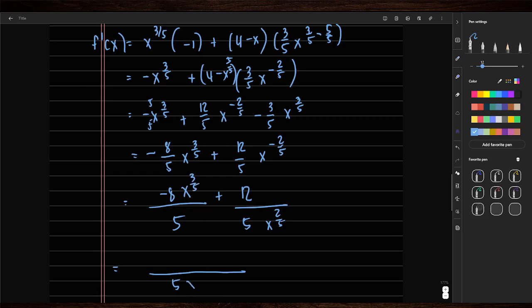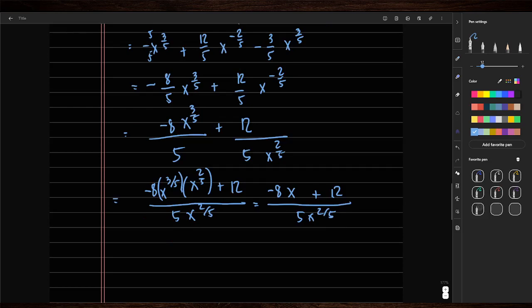If we combine this, this is equivalent to negative 8x to the 3/5 times x to the 2/5, plus 12, over 5x to the 2/5, adding the exponents. So this is negative 8, and 3 plus 2 becomes 5. So this is negative 8x plus 12. Okay, so I think that's it.